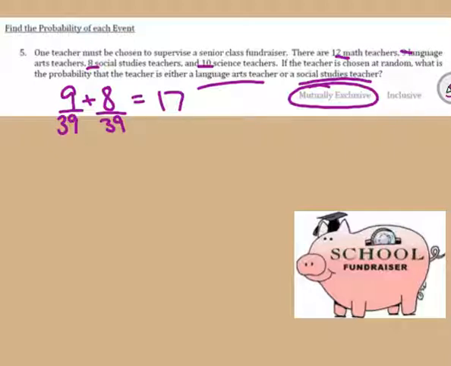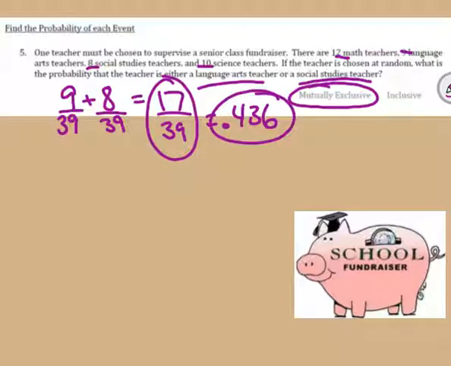But when you add fractions, you keep the 39 the same. So you are just finding the probability of 17 divided by 39. Now those are not prime numbers, but goofy ones. And I would have said this equals 0.436. Because remember, we want probabilities between 0 and 1, 1 being a 100% chance, and 0 being 0%.